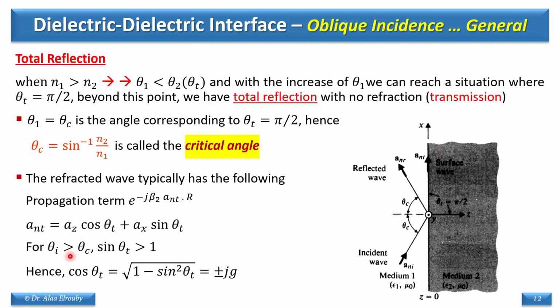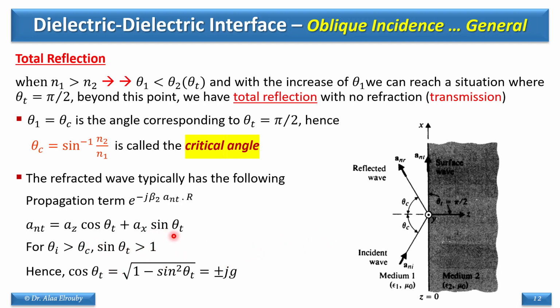If theta incident is greater than theta c, the critical angle, we will find that sine theta t will be greater than 1. This is not a physical angle, because we know that sine theta is bounded by 1.